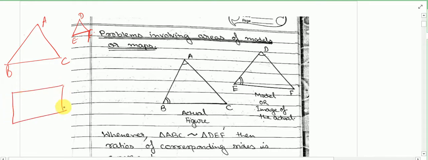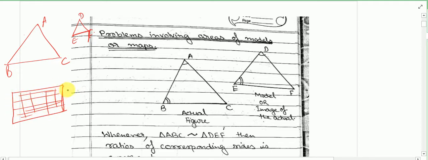Let's say I have drawn a rectangle, or you can say this is a wall, and when you see this wall from one side, it will look like a rectangle.